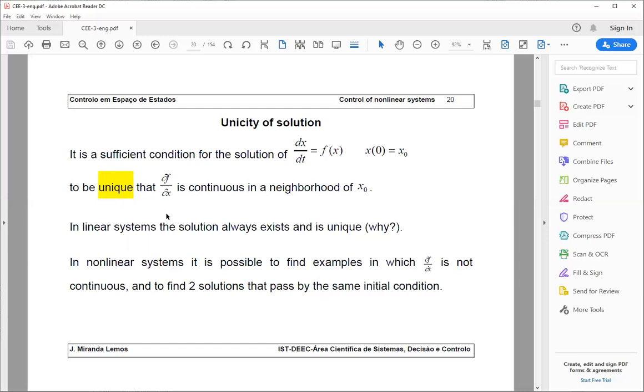Because f is nothing more than Ax, and the Jacobian is nothing more than a matrix of constants, and a constant is continuous. So linear systems are always well behaved, in the sense that they have a unique solution once you specify the initial condition. But in general cases, this is not so.